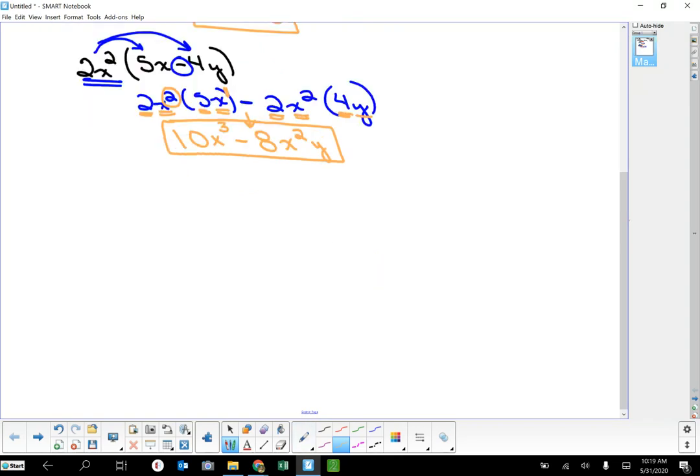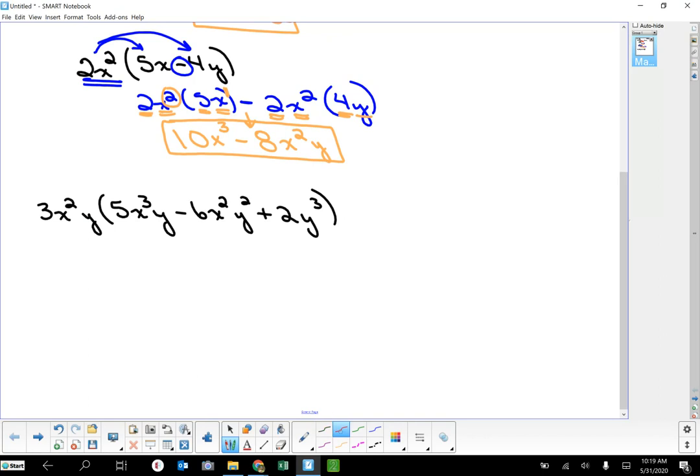Okay, the last one I want to do here for distribution looks a little bit more complex. You have 3x squared y times the quantity 5x cubed y minus 6x squared y squared plus 2y cubed. And so we're going to take that number out front, the 3x squared y, the whole thing, and multiply by that term, the 5x cubed y, then multiply by the 6x squared y squared, then multiply by the 2y cubed.